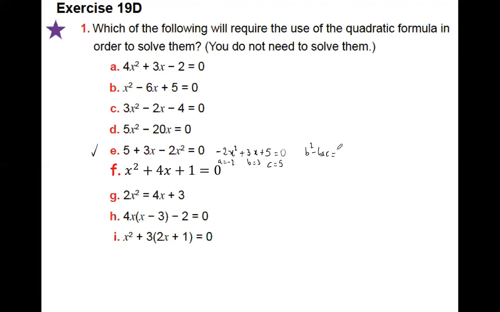So 3 squared minus 4 times negative 2 times 5. So that'd be 9 plus 40, so that'd be 49. So that means for this one, you don't need to use the quadratic formula, because you know that root 49 is 7.